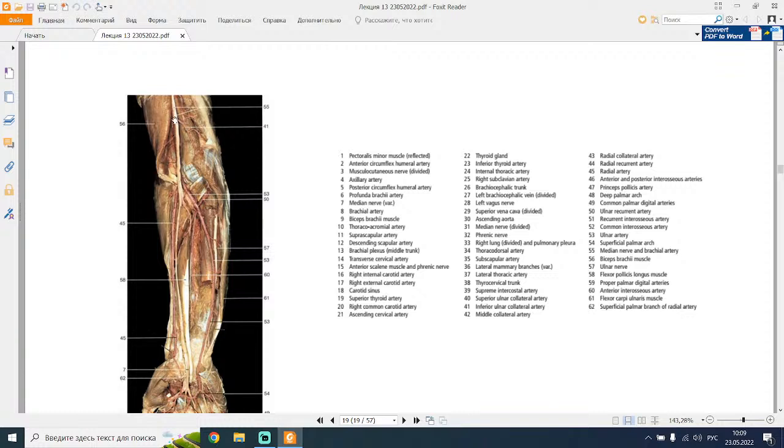You see the nerve brachialis, and under the nerve located arteria brachialis. This is arteria collateralis ulnaris inferior.